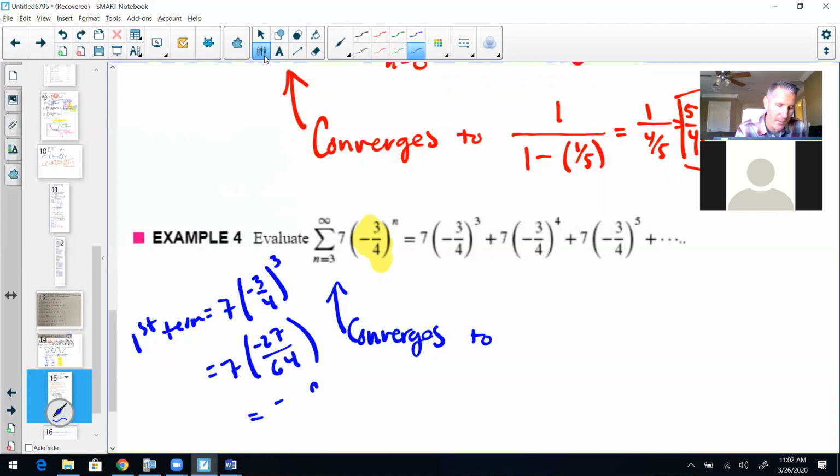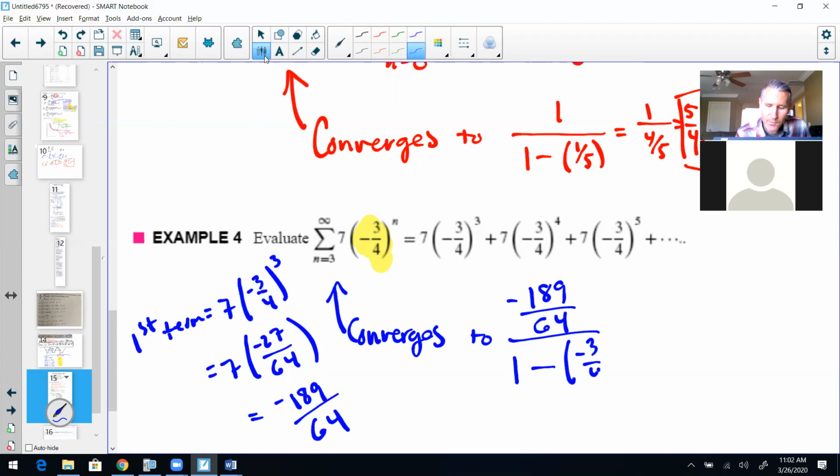So that's -189 over 64. Is that what you guys got for the first term? -189 over 64. Okay. So it converges to -189 over 64 divided by 1 minus -3/4.